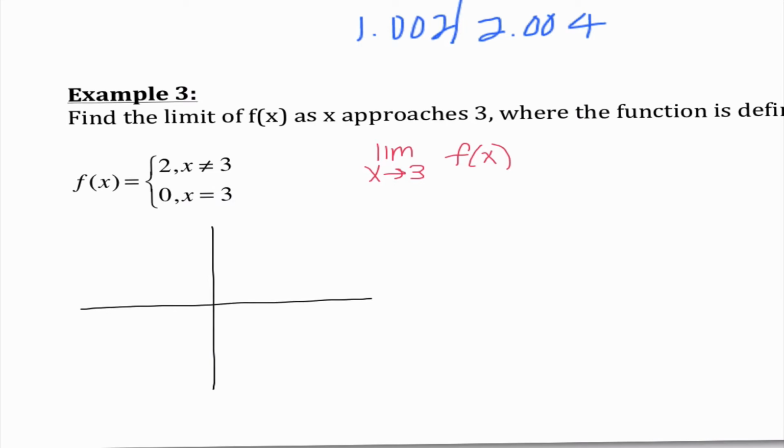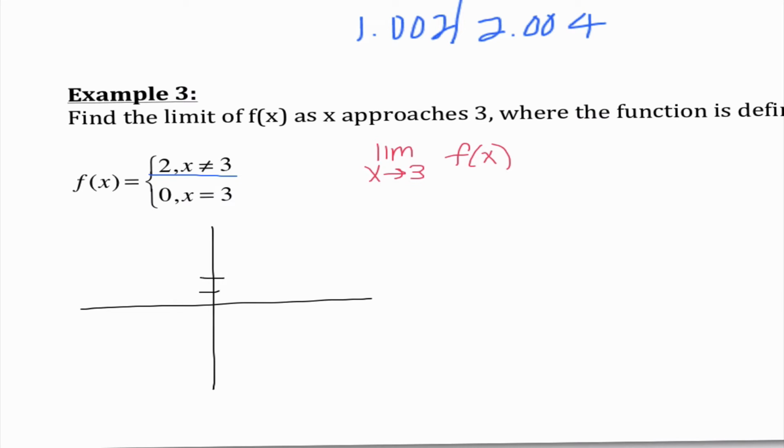So we know a piecewise function is just two different graphs that are on the same coordinate plane that have different domains. So this first portion, f of x equals 2 when x is not equal to 3, we know that f of x just means y.